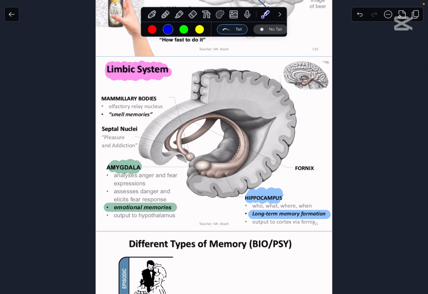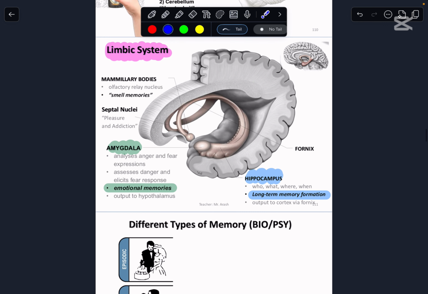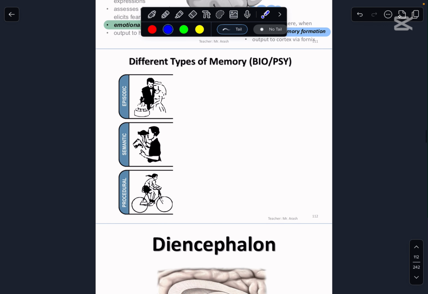Now I want you to know the main anatomical parts responsible for that. The main anatomical part of the limbic system responsible for emotion and emotional memories is the amygdala. The main anatomical part responsible for long-term memory function of the limbic system is called the hippocampus. So please make sure you know those two structures.